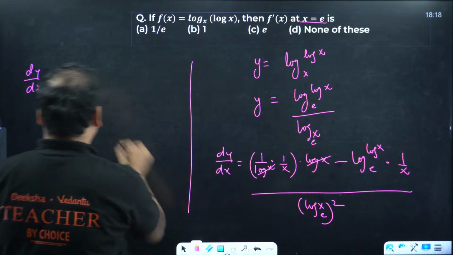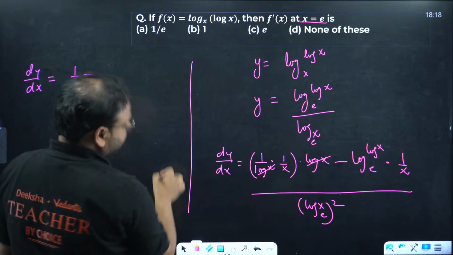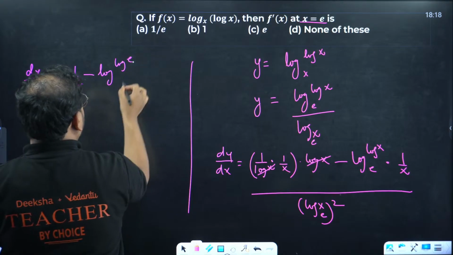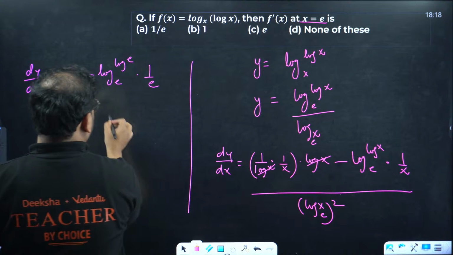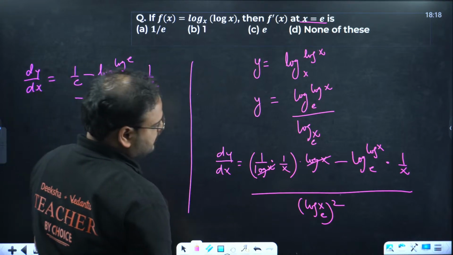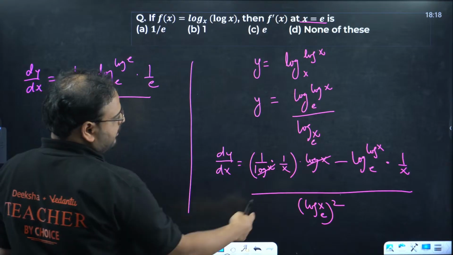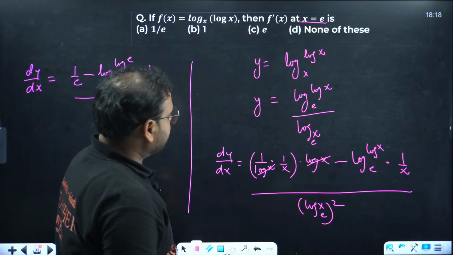Put here 1 by e minus log of log e with the base e into 1 by e upon 1, because log e is what? 1 square. Correct?